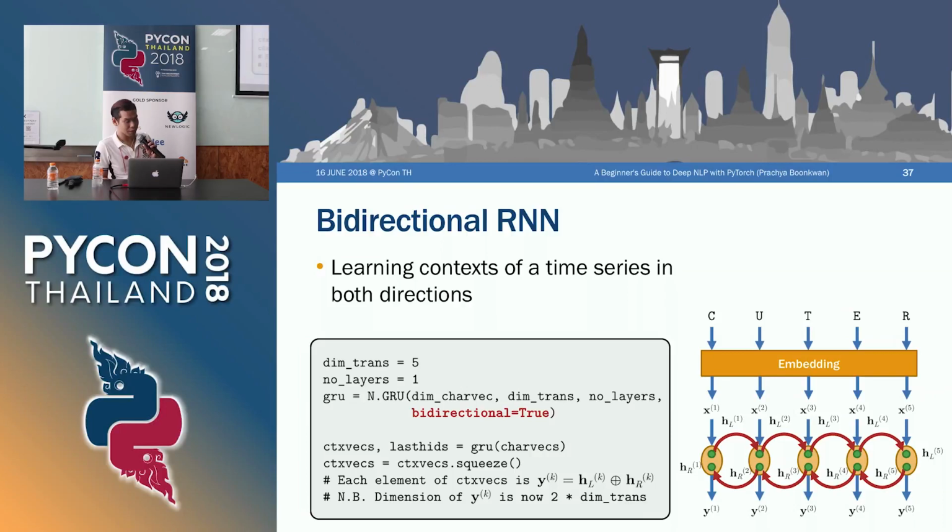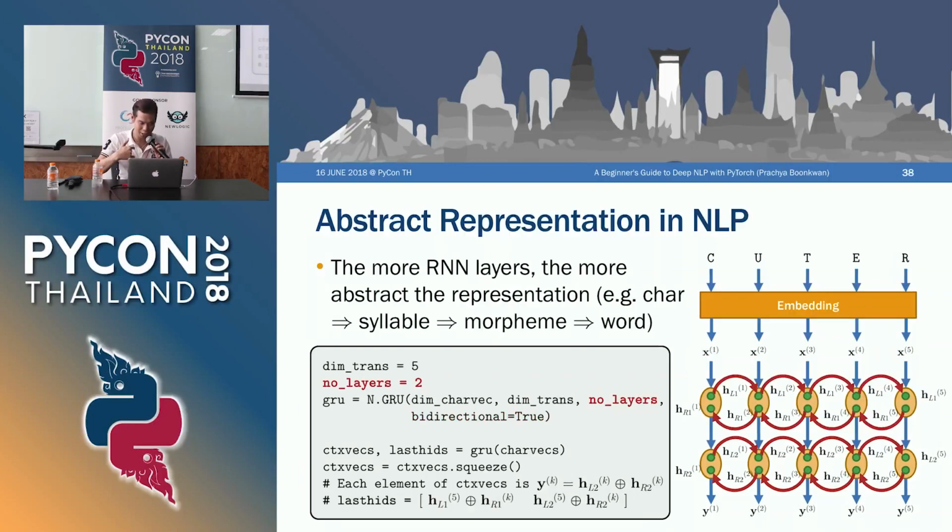Next, if we add more recurrent neural network layers, you can actually learn more abstract representations, just like in image processing. If you use one layer, you're going to learn a syllable, because it is composed of multiple characters. But if you add one more layer, you're going to learn the morpheme, which contains more than one syllable at a time.